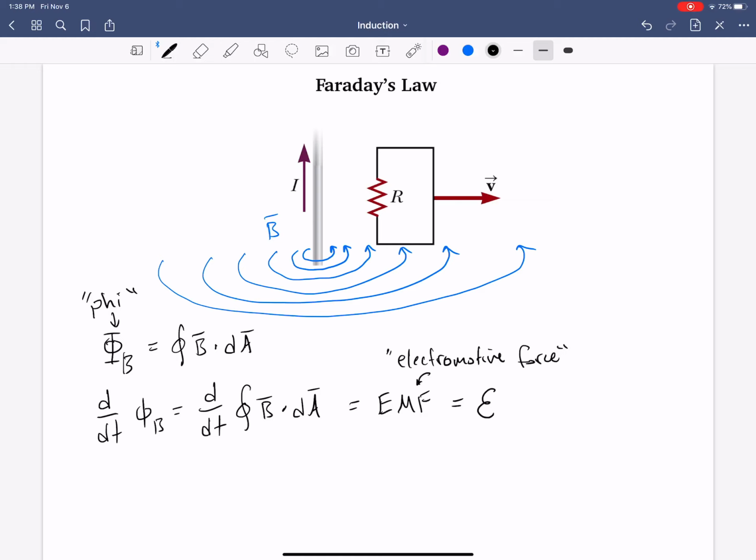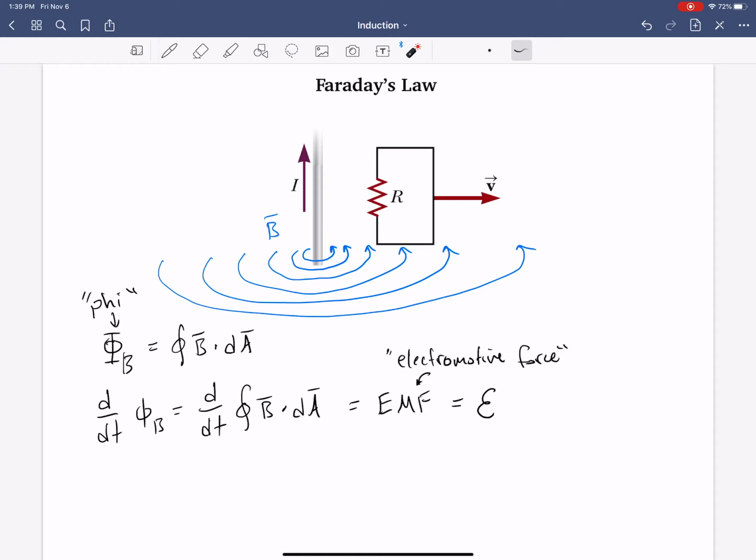That is the EMF. And what it basically means is that the charges in this wire, in this current loop, that constitute this wire, there's some quote unquote force that's electrically moving them around.